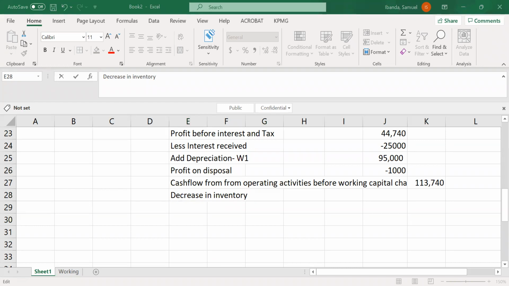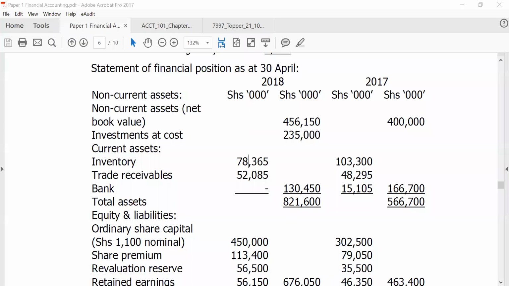Now, what exactly to write depends on the difference.